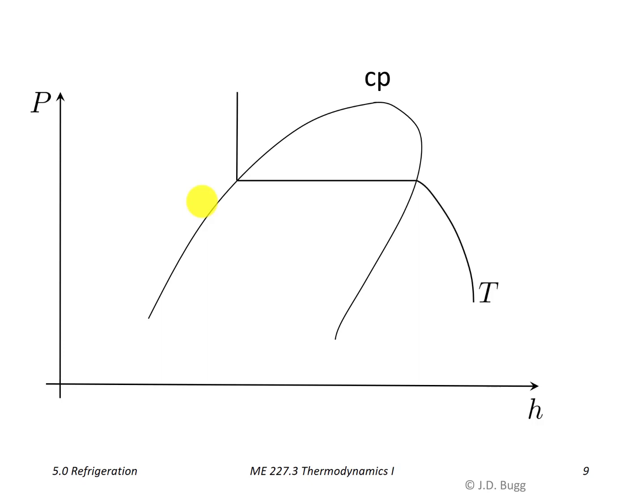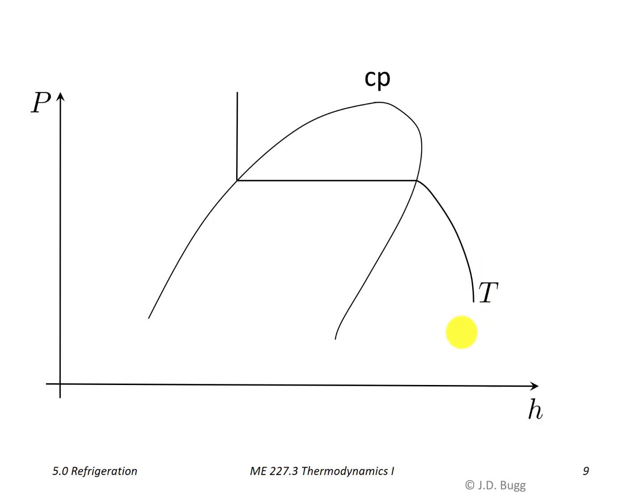Next thing we want to know is, what does a line of constant temperature look like on pH coordinates? Well, out here in the liquid region, it's essentially a vertical line, same as it was on a PV diagram. In the mixture region, it's a horizontal line, again the same as it was on a PV diagram. But out in the vapor region here, our line of constant temperature curves downwards like this.